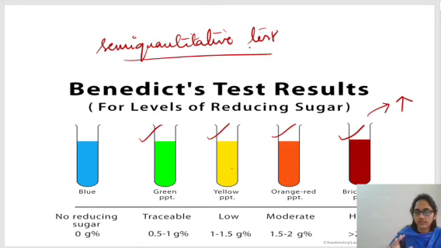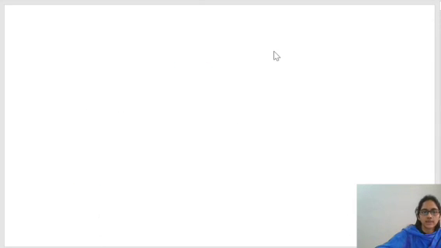What is the difference between qualitative and quantitative? Qualitative is we can identify the presence or absence of a particular substance. Quantitative is we are able to measure the amount of substance in the solution. Here, semi-quantitative means depending upon the color of the reaction, we can find out approximately how much glucose is present in that test tube.